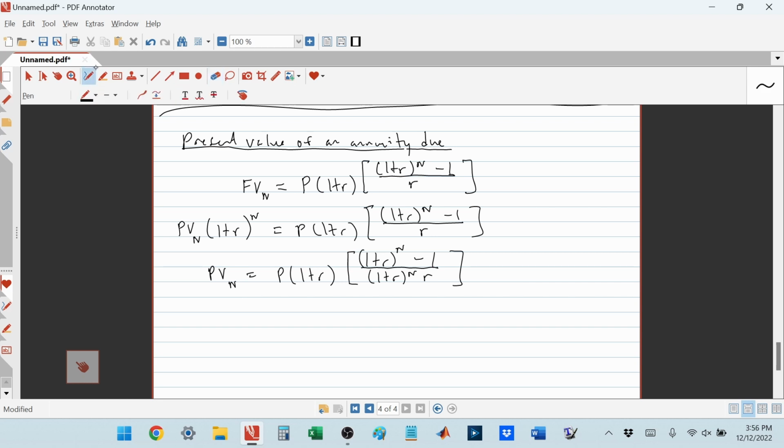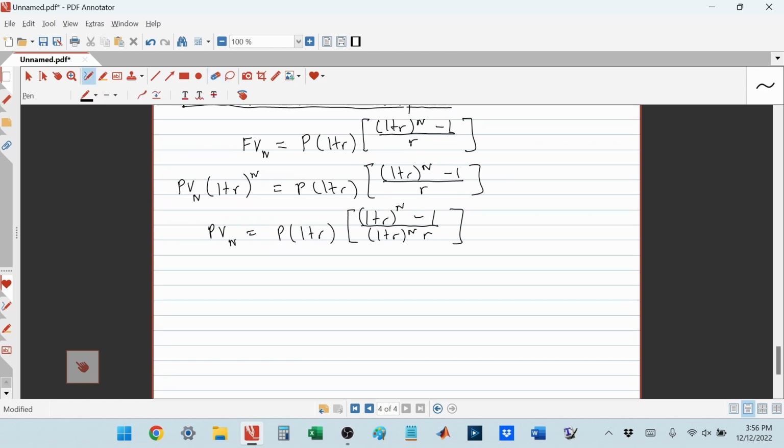That's equivalent to this. And (1 plus R)^n divided by (1 plus R)^n, we're just left with 1.